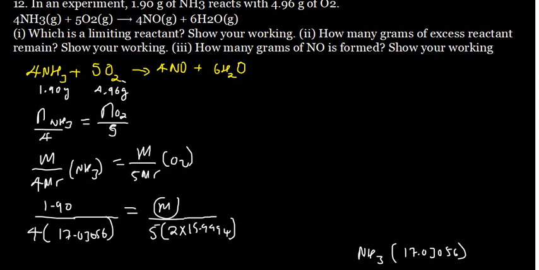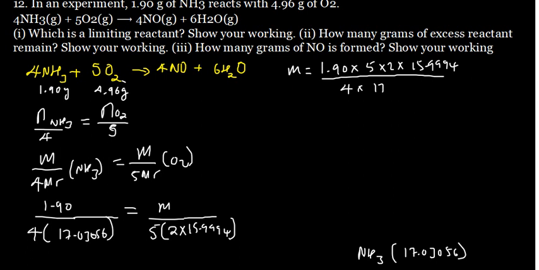What I want to find is m, the mass of oxygen that is going to react. So I'm going to multiply 1.90 by 5 by 2 by 15.9994, and then divide by the value which the m is multiplied by in the denominator, so divided by 4 multiplied by 17.03056.